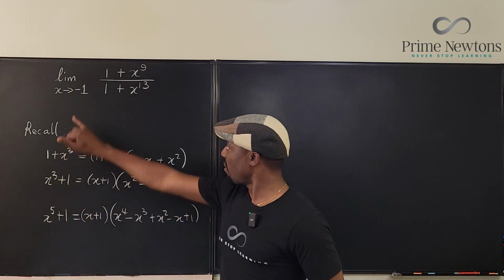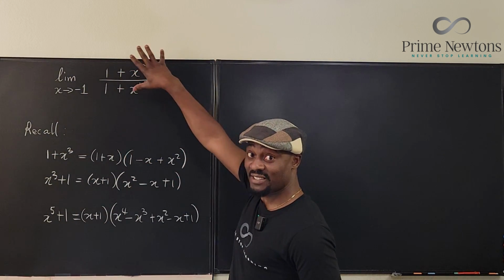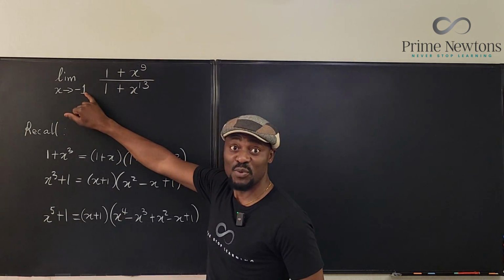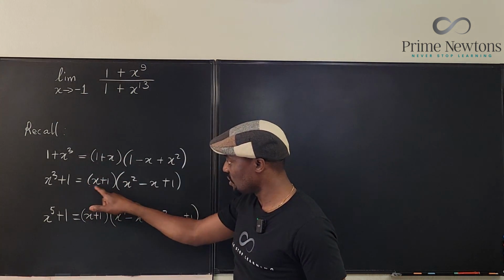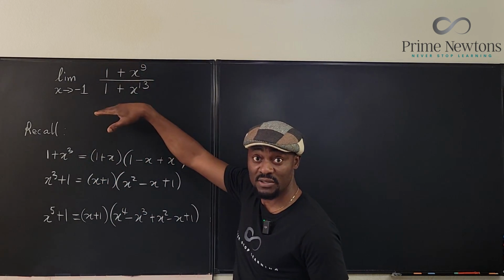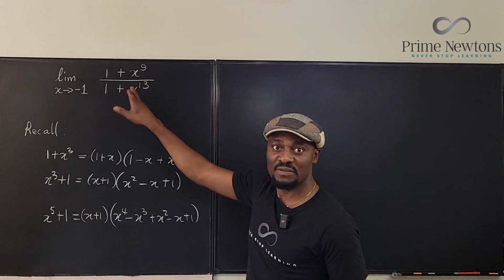So remember, the problem in this exercise is that x equals minus 1. And whenever you have x plus 1, this is going to give you 0, and then you have 0 on top, 0 under. But you can get rid of that by just factoring this.